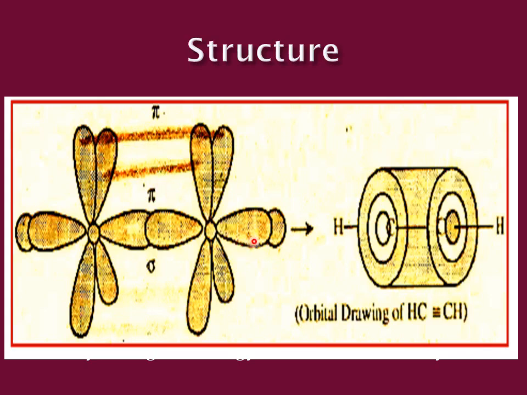The sp and s overlap between hydrogen and carbon makes a sigma bond between C and H, similarly on the other side. So this is the structure of an alkyne. This whole electronic density of one sigma bond and 2 pi bonds is symmetrically distributed in the middle between the two carbon atoms.